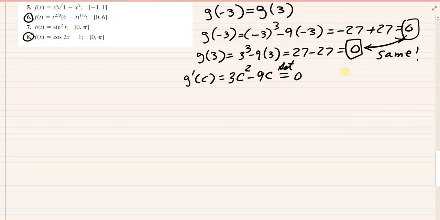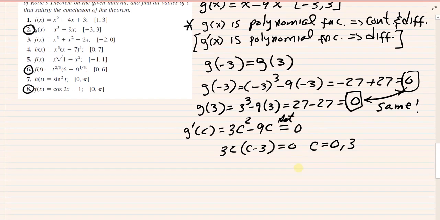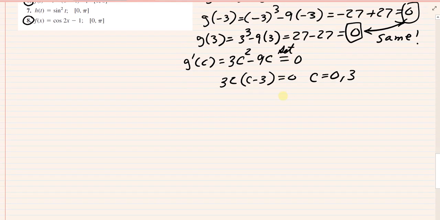Now to solve this, we can factor 3c, and that'll make it c minus 3 equals 0, and we have c equals 0 or 3. So we're actually, wait a minute, this is c squared, right? Hold on, the derivative is just 9, not 9c. Okay, that's what was wrong.